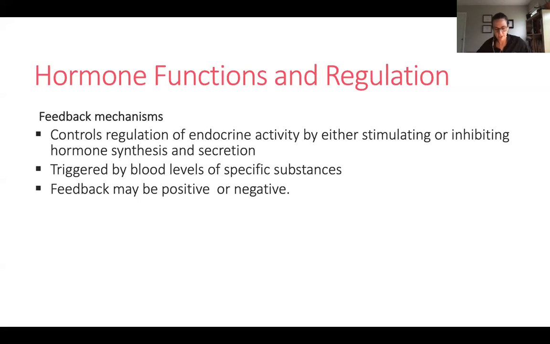So the functions and regulations of the hormones, it acts as a negative feedback process. If you think about your thermostat, for example, if you set it at 75 and your house is at 80, it's not going to keep going up because then it'll be too hot.